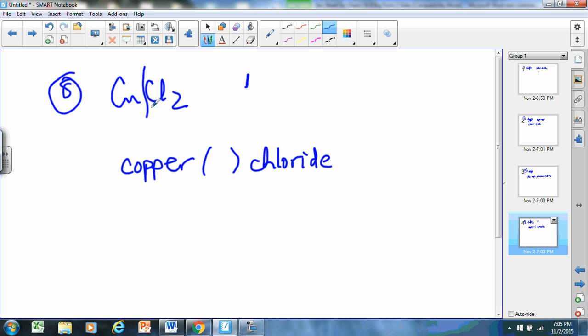You take the subscript on the copper, there isn't one, and that means it's a 1, times X, because we're trying to figure out what the charge is on X, plus the subscript on the chlorine, which is 2, times the charge on chlorine, which is -1.